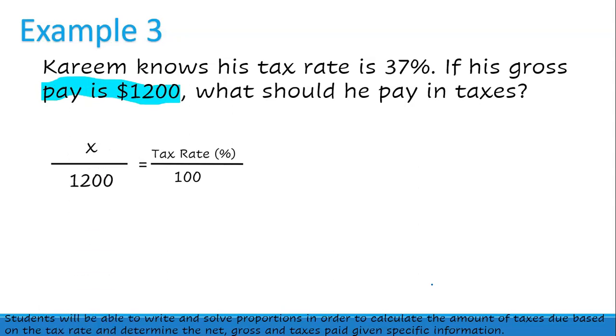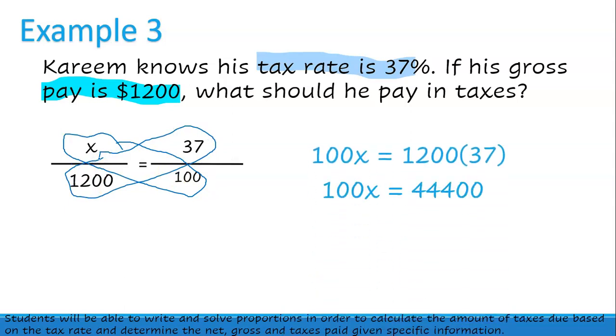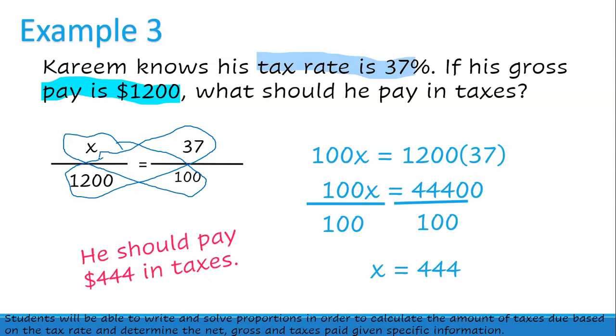His tax rate was 37%, and we cross multiply. So we have 100x equals 1,200 times 37. And we divide. And so that means Kareem would have to pay $444 in taxes.